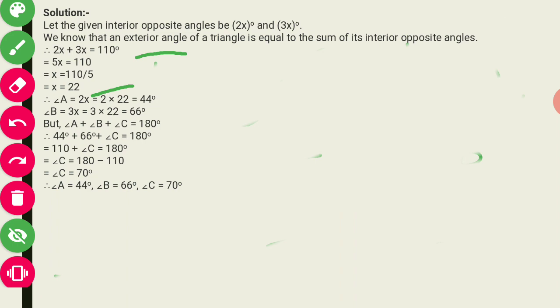Now calculate the values of A and B. The value of A will be 2x, that is 2 into 22, which is 44 degrees, and the value of 3x will be 3 into 22, which is 66.